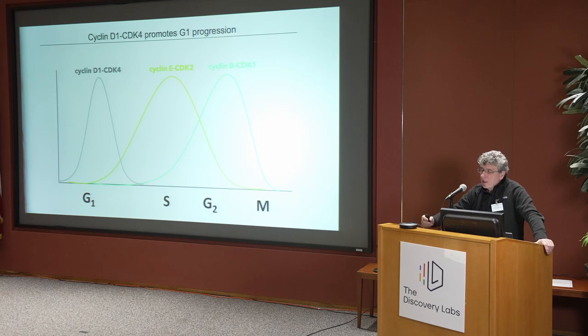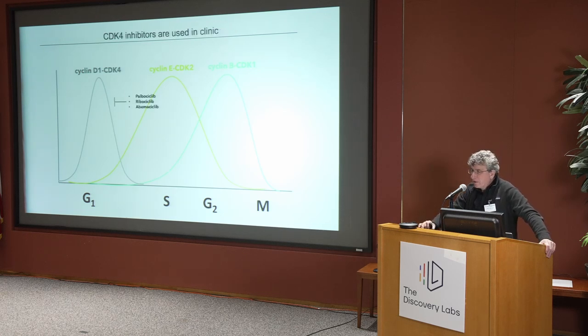The synthesis of cyclin D1 is stimulated by mitogens, and once cyclin D1 is synthesized, it will bind CDK4 as well as CDK6, particularly CDK6, which is mostly expressed in hematopoietic cells, and will form an active kinase which will trigger the cell cycle. Now, there are inhibitors of this kinase, and they are used in the clinic, particularly in breast cancer.